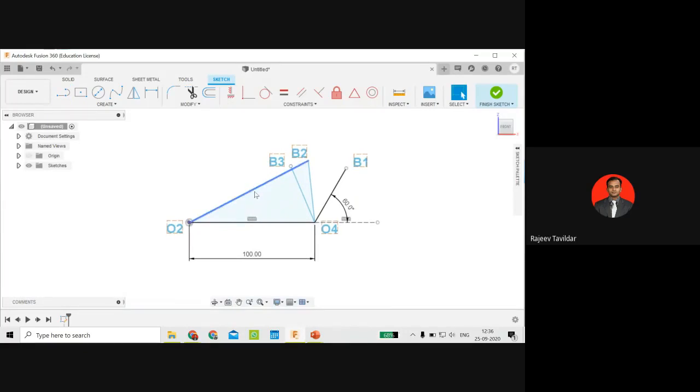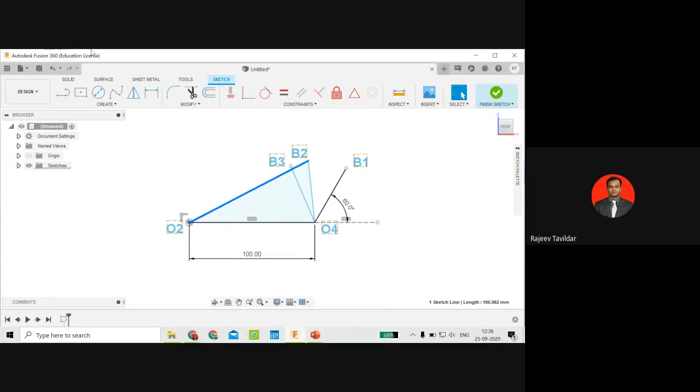Then in software, I can draw it in many ways, but from your point of view, I'll explain what to do. You're supposed to take a compass and with O2 as a center and O2B2 as the radius, draw an arc in the clockwise direction by an angle of psi 2.